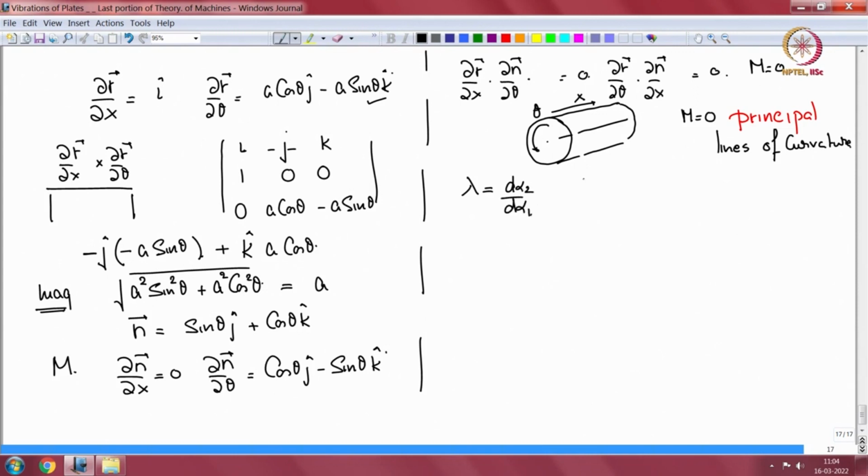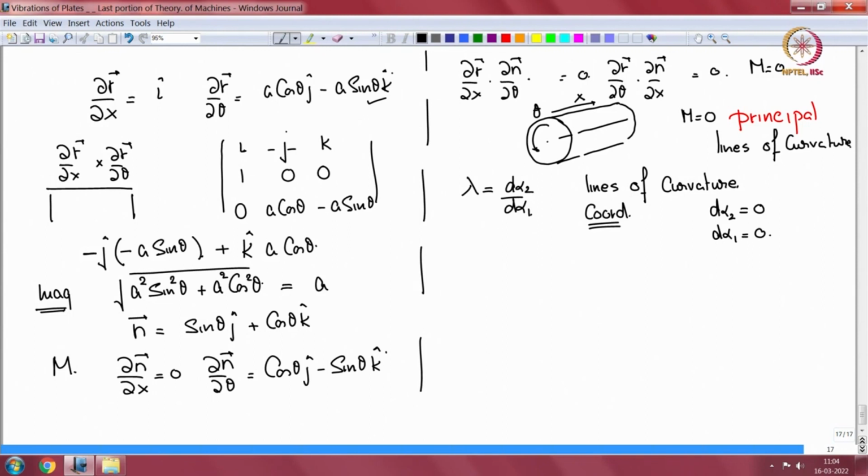So now when we take the lines of curvature as the coordinates, that means in one case d alpha 2 will be 0, in one case d alpha 1 will be 0. Those are the two directions, right.